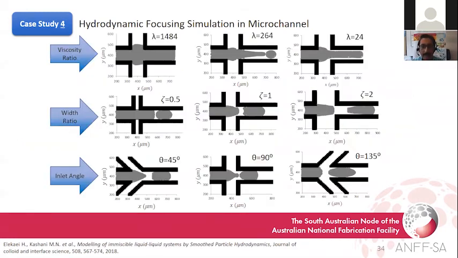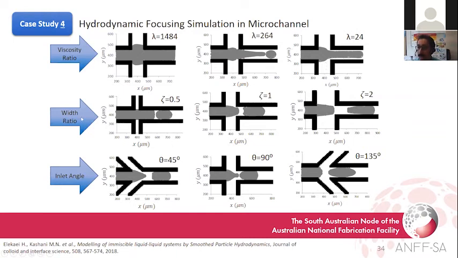But as I explained, you can consider a variety of configurations, either in terms of the fluid dynamics or in terms of the focusing environment, to produce different kinds of structure. So the top row shows you the effect of the viscosity. This is the hydrodynamic focusing result if we use a high viscosity ratio for both fluids. This is the medium range and this is the low range.